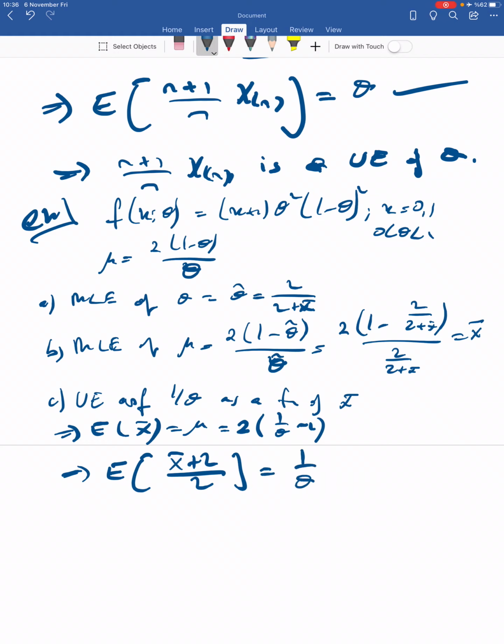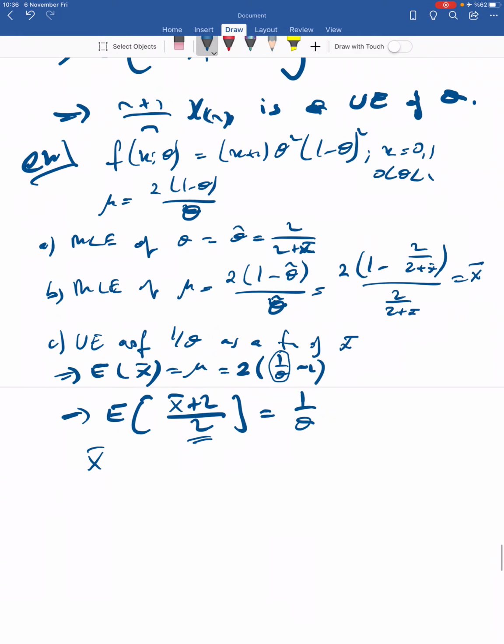So divide by 2, and write minus 1 as plus 1 inside the expectation. Now (x bar plus 2) over 2 is an unbiased estimator of 1 over theta. Okay, so let me stop here.